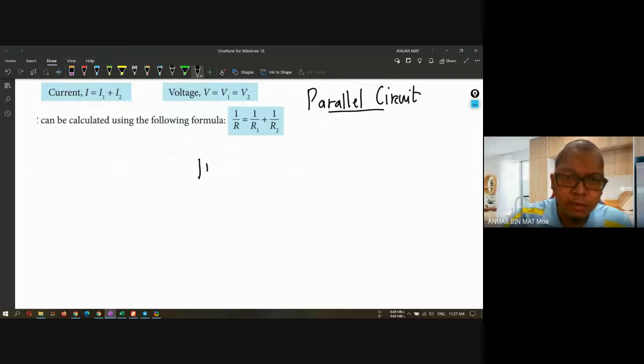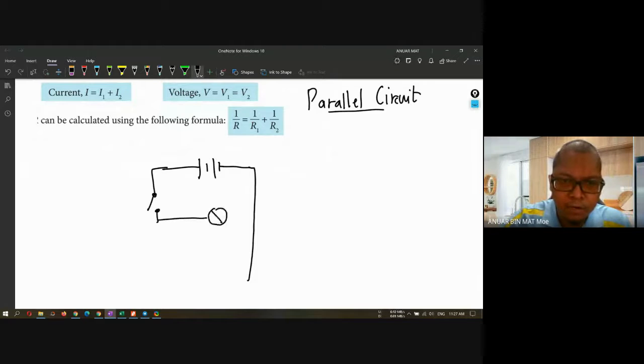You have two cells, and then we have a switch over here, and then we have the component over here, and component number 2 over here.